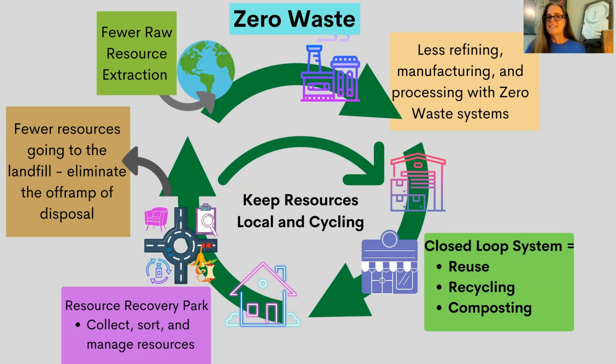So this is a way that we can create a zero waste system that models nature. And that's really what zero waste is all about. And you guys, with your composting of food scraps, are part of the solution. And you are part of the system that's creating these closed loop systems of keeping resources local and cycling. So you guys should all be really proud of that.